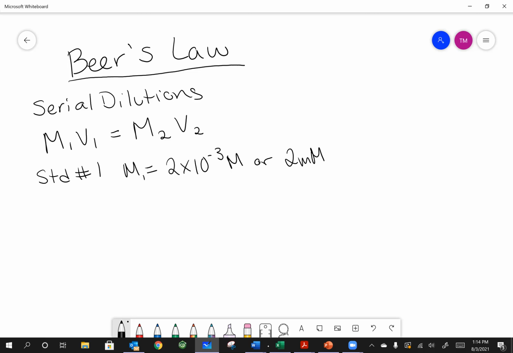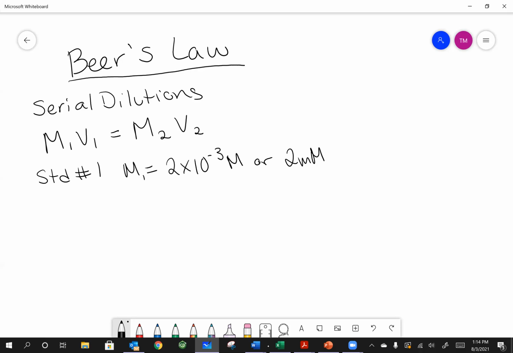Okay, so we're going to keep everything in molar because the data that was given to you was in molar, so that's fine. So we need to find standard number 2. To do that, we need to know a few other things.